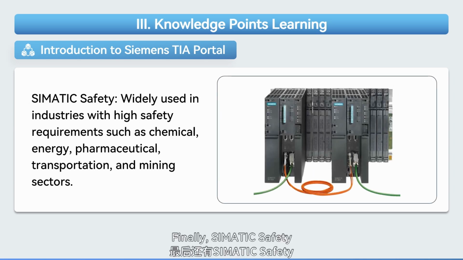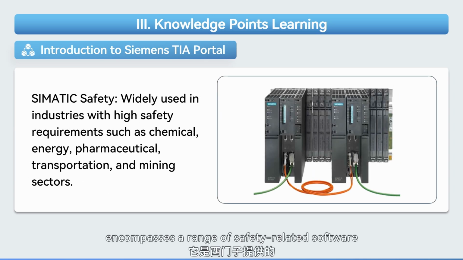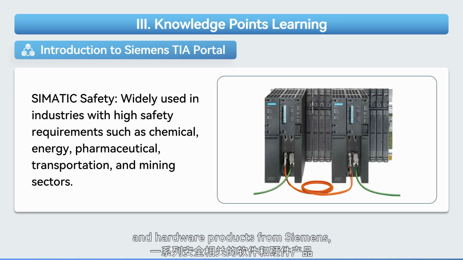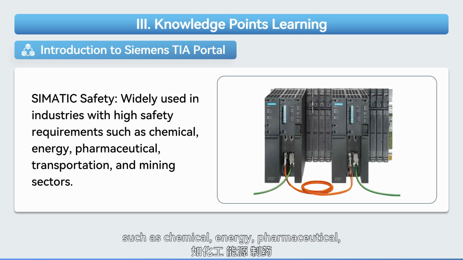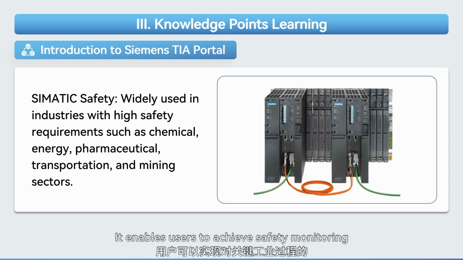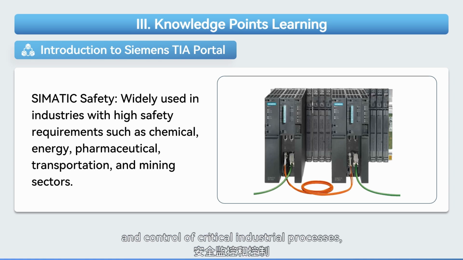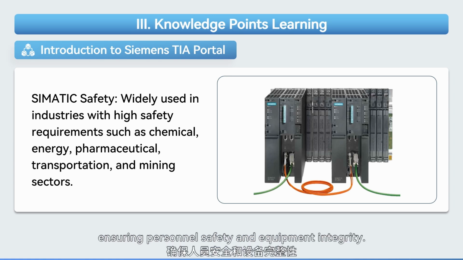Finally, SIMATIC Safety encompasses a range of safety-related software and hardware products from Siemens. Widely used in industries with high safety requirements such as chemical, energy, pharmaceutical, transportation, and mining sectors. It enables users to achieve safety monitoring and control of critical industrial processes, ensuring personnel safety and equipment integrity.